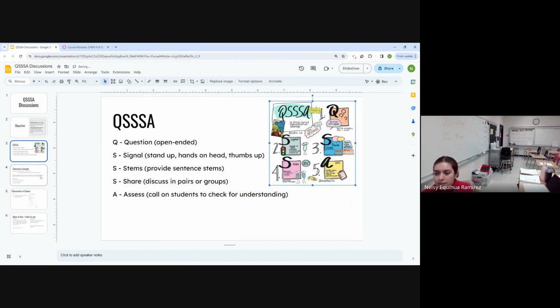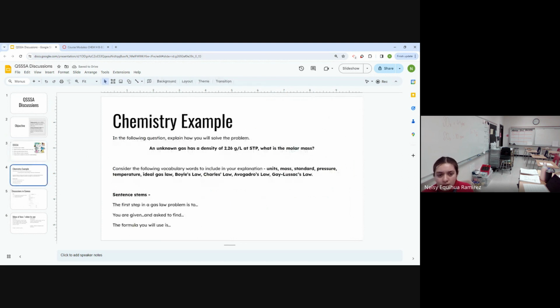This is a very good picture of what I put in the summary there. Here's an example of a QSSSA that we are probably going to implement in the next unit. Our question is: explain how you solve the following problem. You have an unknown gas that has a density of 2.26 grams per liter at STP. What is its molar mass?